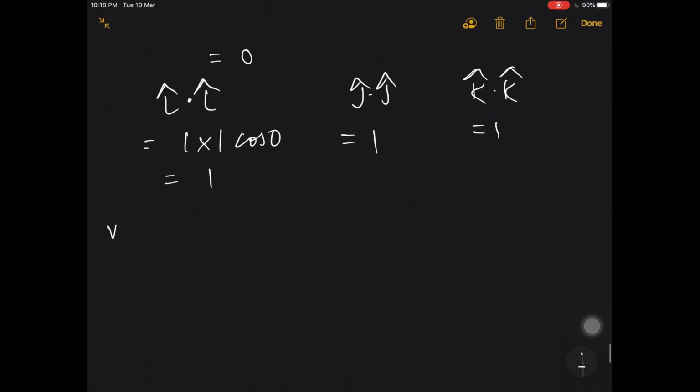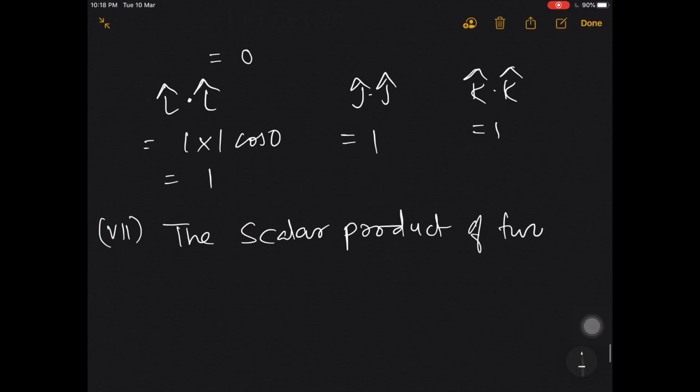Now the scalar product of two vectors given in component form.